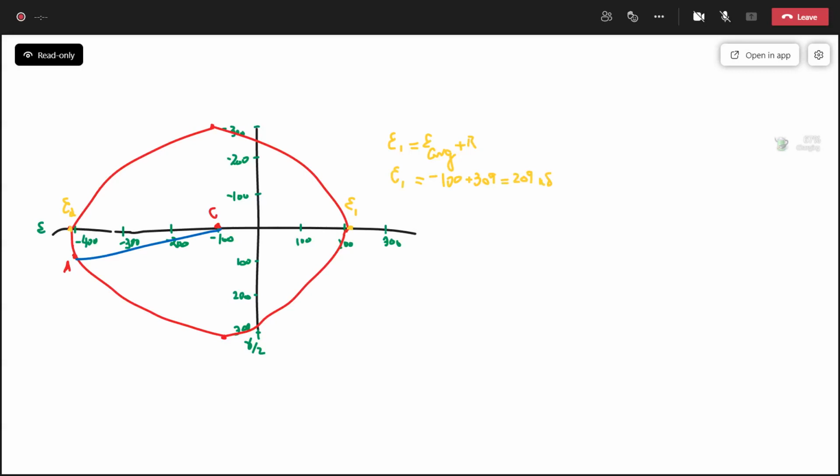ठीक है जी, then epsilon 2 is epsilon average plus minus half.